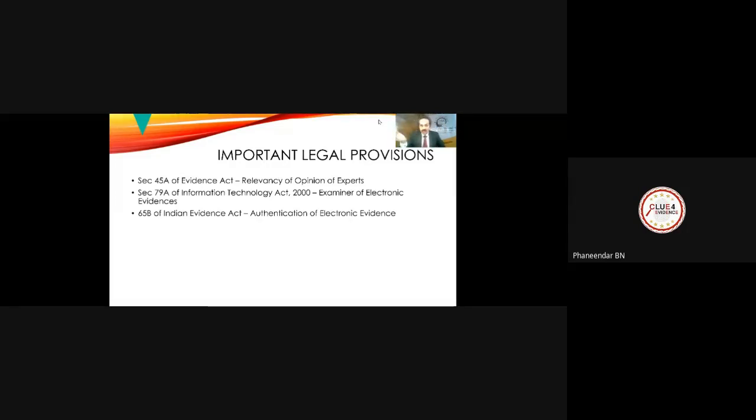If I give this document, that is a document under section 65B. There is one provision for this. So the court of law is now satisfied that a 65B certificate is obtained, so all the data mentioned in the CD seems to be authentic, is one way of looking at it.